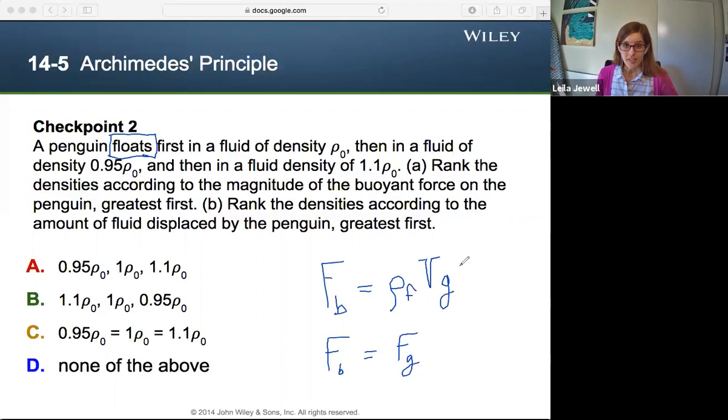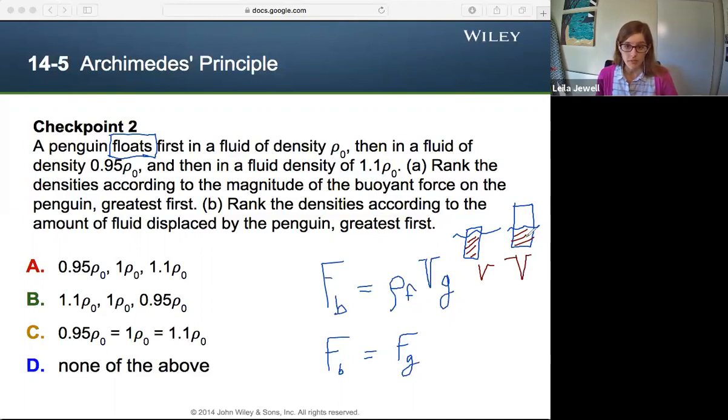The key is that the volume doesn't have to stay the same, right? So if the fluid is more dense, we don't need to have our penguin submerged quite as deeply, right? If the fluid is less dense, maybe the penguin is mostly submerged underwater, right? So there's these different amounts, something that's not mentioned explicitly in the problem, of how much volume is actually submerged, and that will change depending on the density of the fluid.